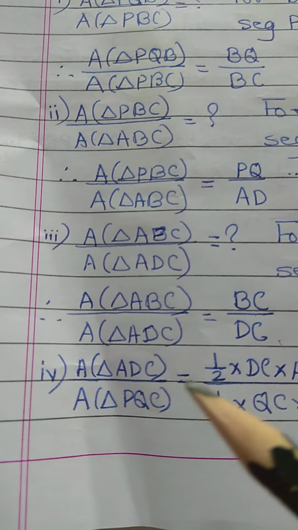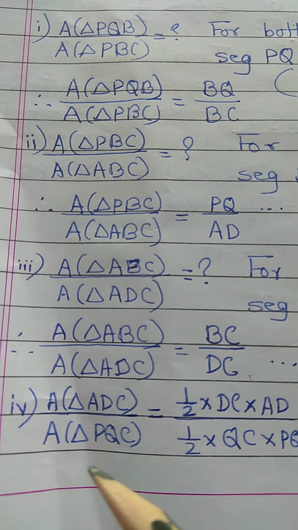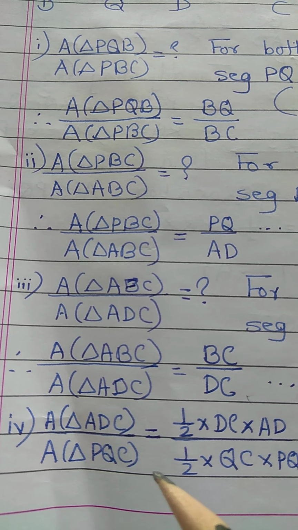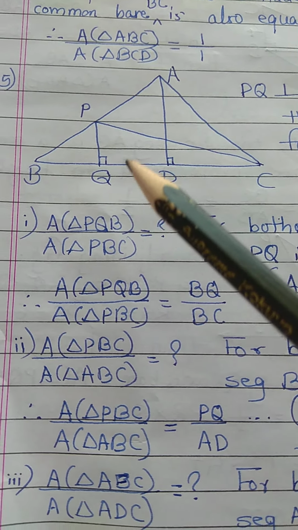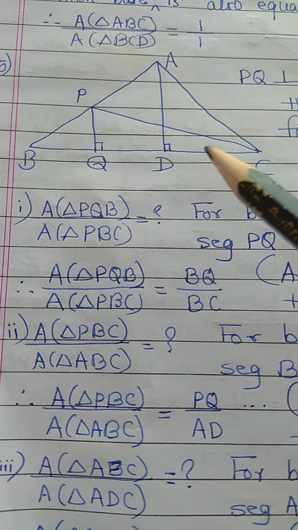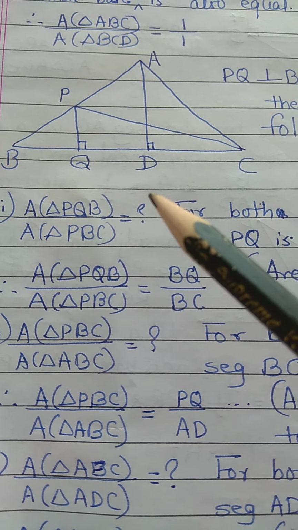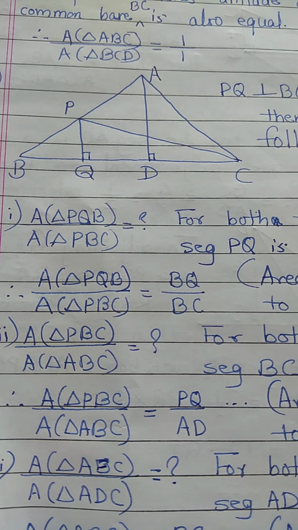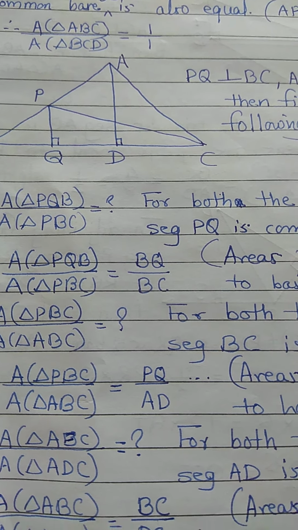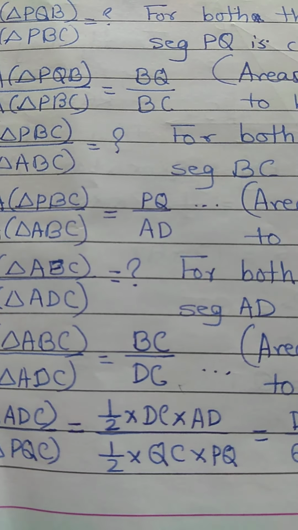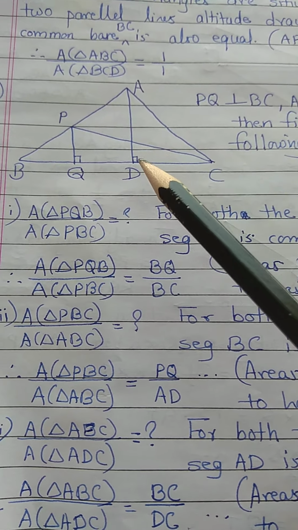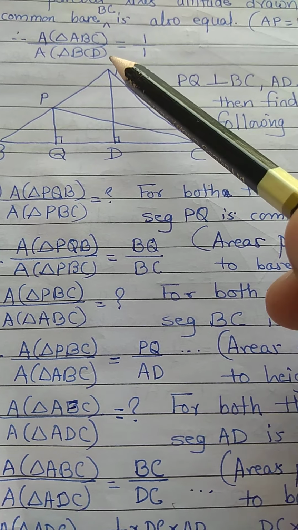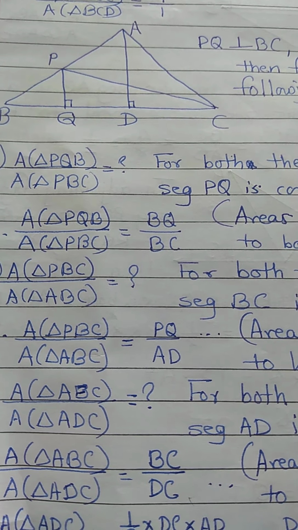Okay. Now Roman 4, area of triangle ADC upon area of triangle PQC. For triangle ADC and triangle PQC, neither the base nor the height is common or equal. Therefore, we can use the formula 1/2 base into height upon 1/2 base into height. For ADC, DC is the base and AD is the height.